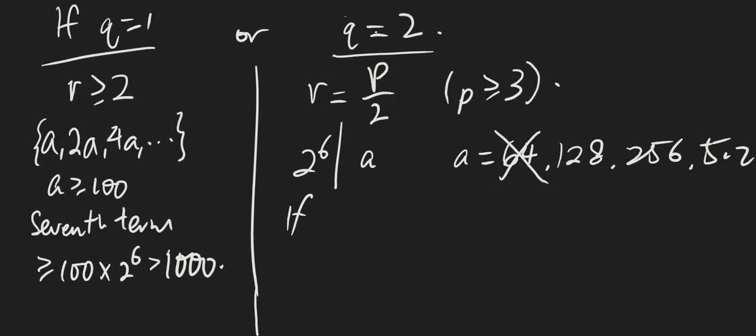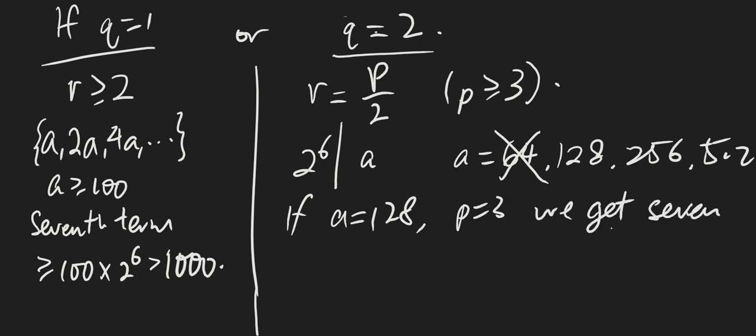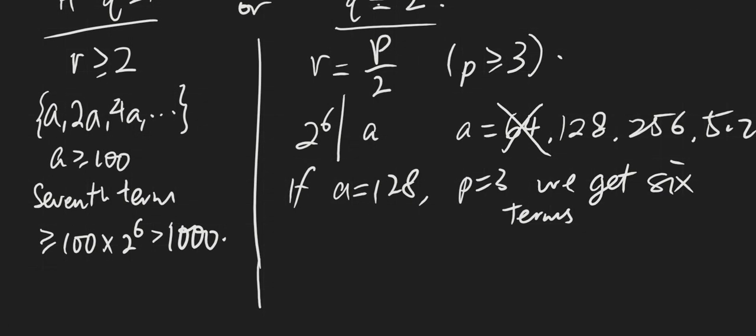So we just say if a is 128, we've already checked that with p equals 3 we get 7 terms. And for larger p's, it will get larger very quickly, so there won't be 7 terms. So this is the case we have already checked.